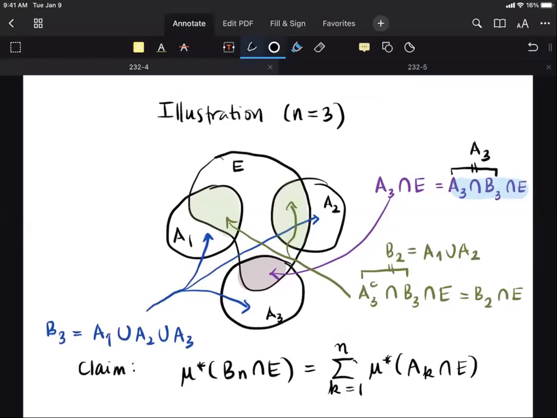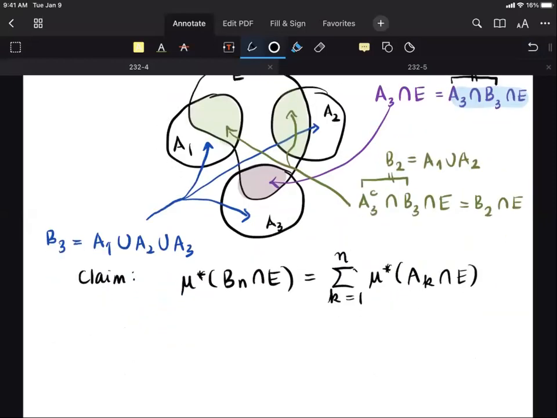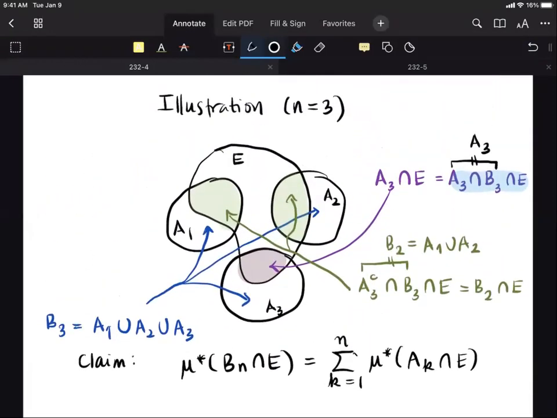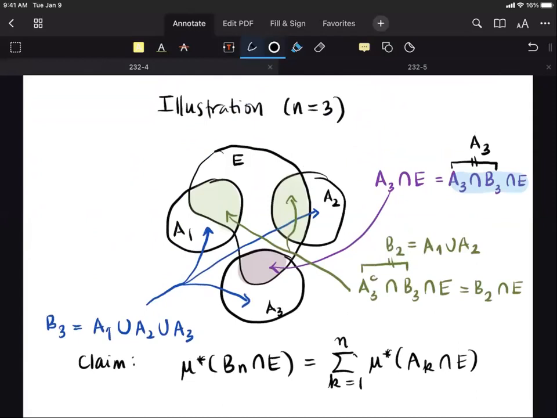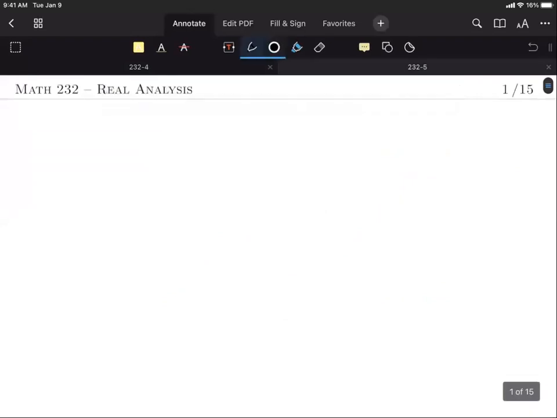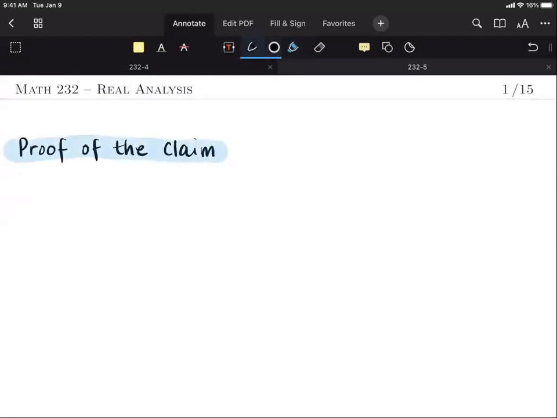Okay, and the proof of this will be established via induction. So let's start with the proof of the claim. In this case, let us do this by induction on the number of elements, or the index n.